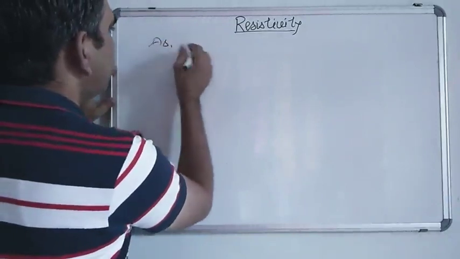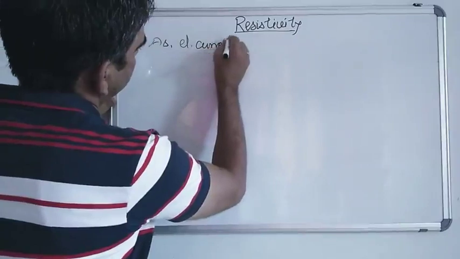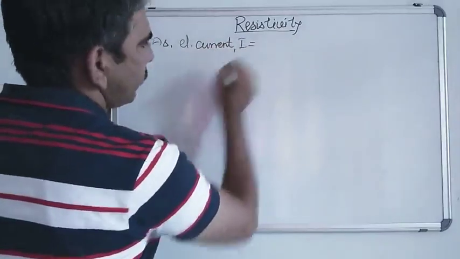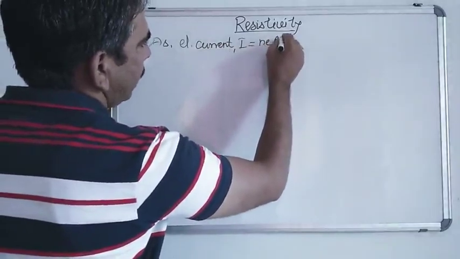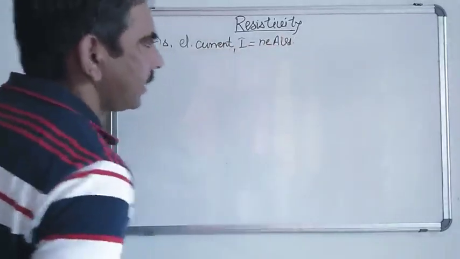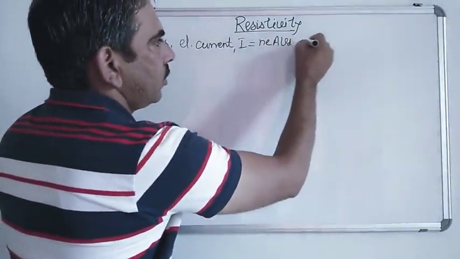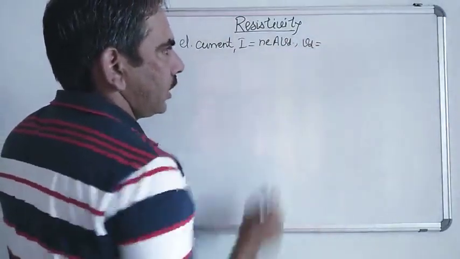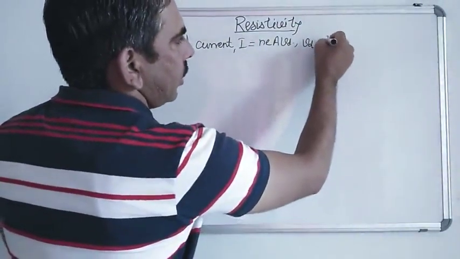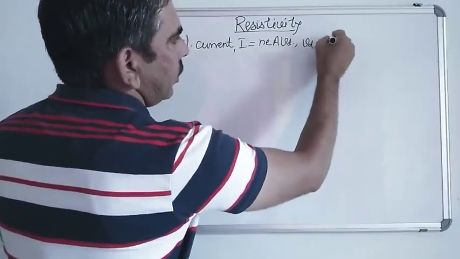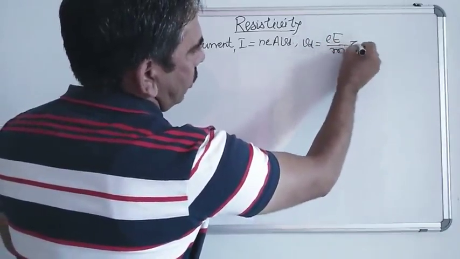As we know, the electric current I, as we have found, is N into E into A into VD, where VD is the drift velocity, which is the average velocity of all the electrons. This is equal to capital E upon M into tau.